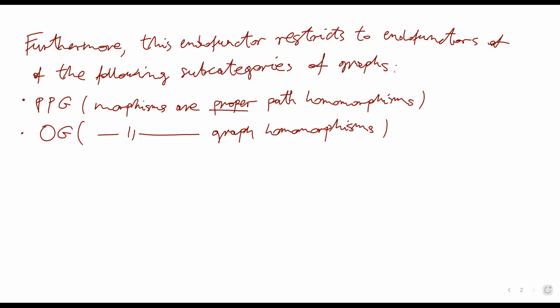So if you want, these are path homomorphisms that preserve the length. And now you can intersect these two categories and have POG. So morphisms are, so here it's graph, which is important. Here morphisms are proper graph homomorphisms.